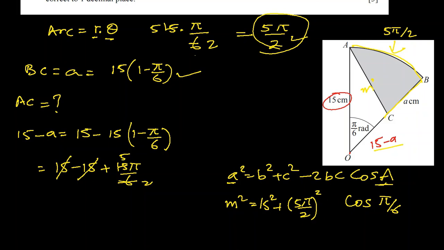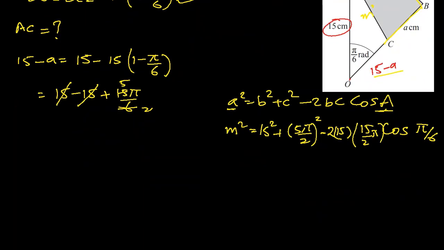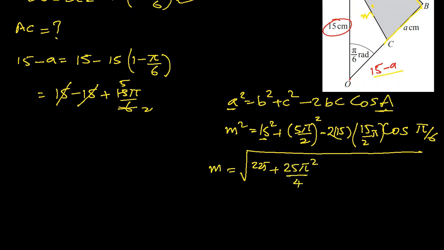Okay, I'll need to shift this one. Minus 2 times 15 times 5 pi over 2. So let's find what M is. M will be the square root, yes, I'm square rooting both sides. 15 squared is 225. And this is 5 pi squared, so 25 pi squared over 4, minus 2 and 2 cancel.